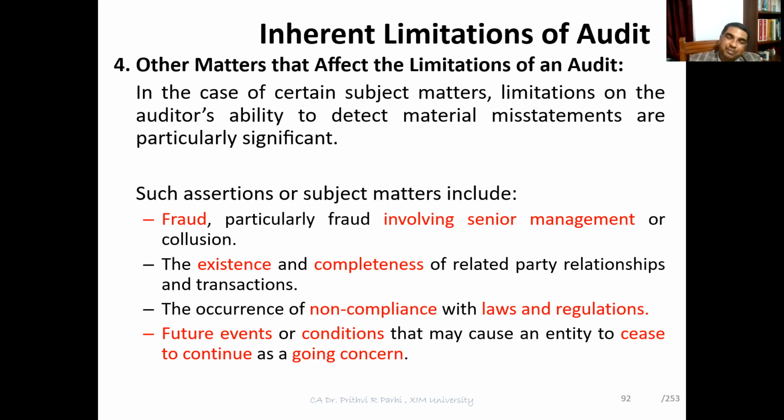You see, financial statements are prepared on the basis of certain assumptions. One of those assumptions is the going concern. But there might be some future events which affect that assumption. The entity may cease to operate. In that case, the basis on which the financial statements are prepared may not be correct. The auditor may not be able to recognize those future events and conditions. So these are certain inherent limitations of the audit which the auditor needs to take care of.